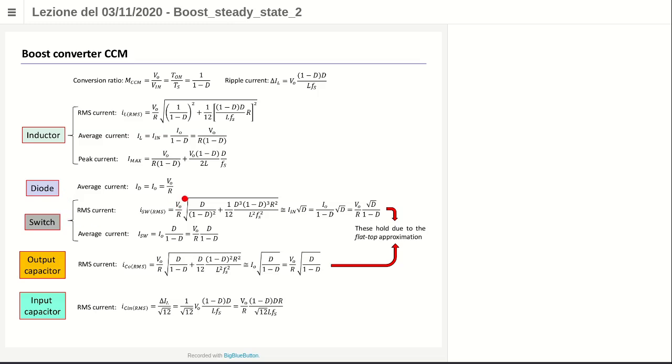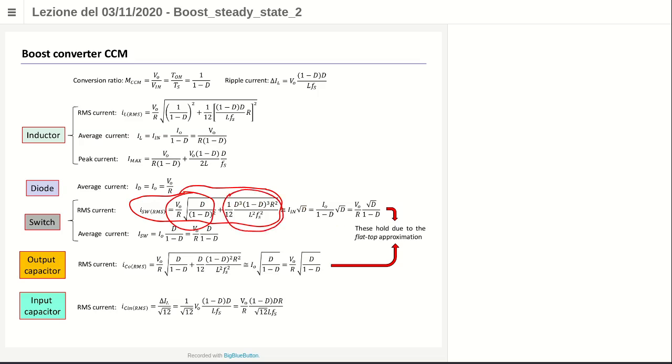As you can see here, the switch current is given by this expression, which is a very complicated expression. But if you look at this expression, it is composed of two parts. One is this one, and another one is the other.